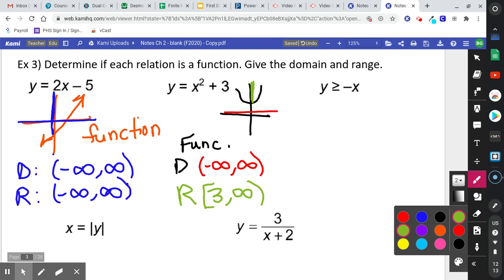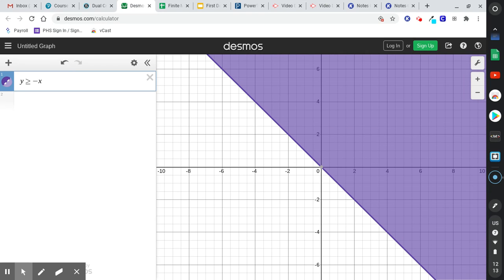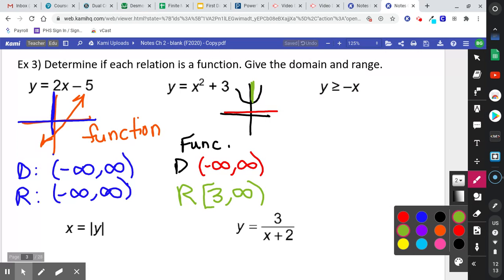Next one, y is greater than or equal to negative x. So let's look at what that one looks like. Okay, so that's got some shading on there. I think this one tricked some people last period.